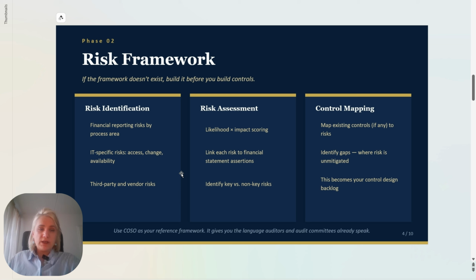The risk identification is very important because that will determine your scope for the controls. There is a rule of thumb as per the PCAOB that every key risk needs to be covered by at least one key control.